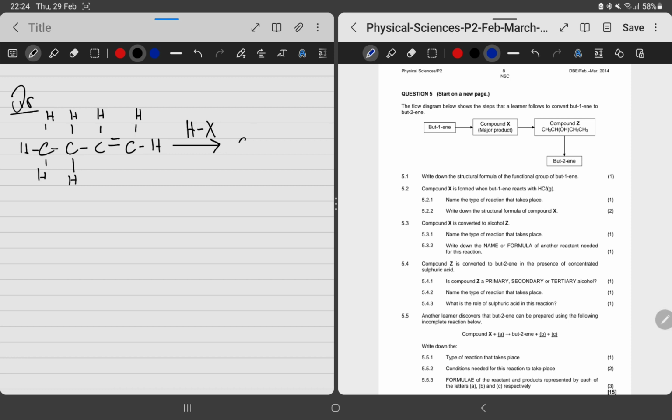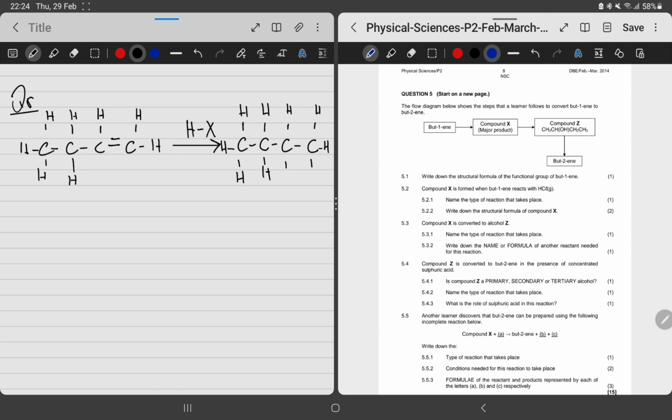Okay, so this is 1, 2, 3, 4, right? And then I am going to break this double bond, and then I'm going to have that. I already have 2 hydrogens there. I have 1. So now we have to put the hydrogen and the halogen in that to form a haloalkane.